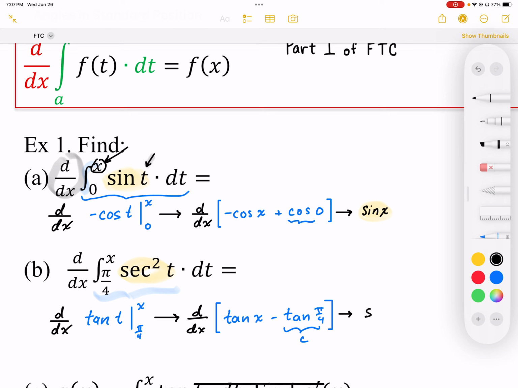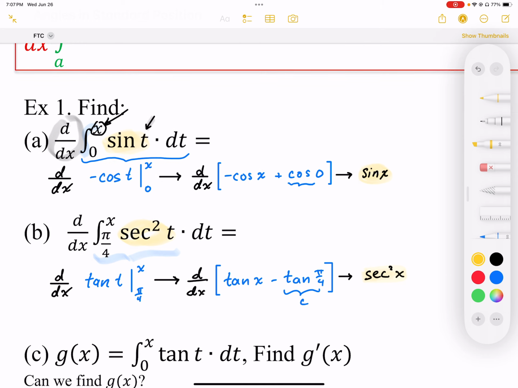The derivative of tan is secant squared, and I end up back where I started. I started with a secant squared, and I ended up with a secant squared. So this is what I expect: my derivative and my integral are going to undo each other, and I'm going to end up with what I started with.